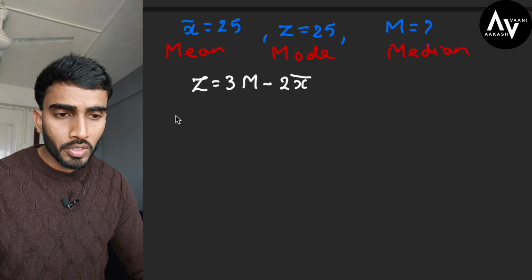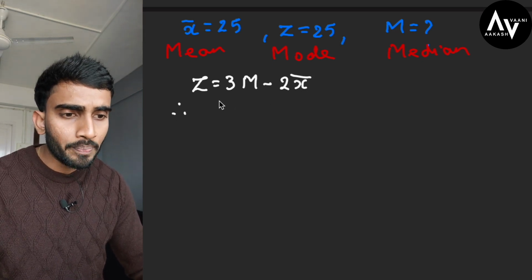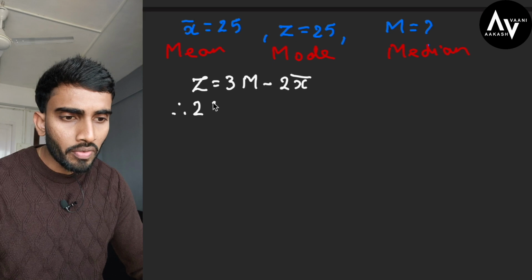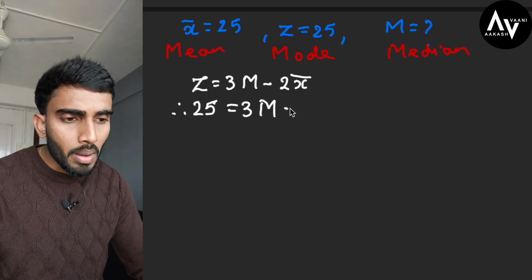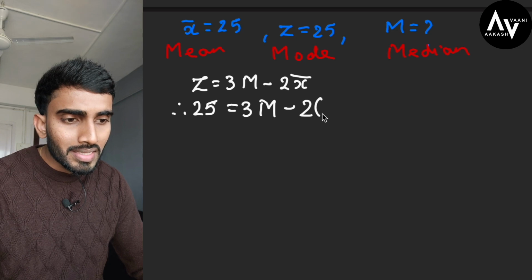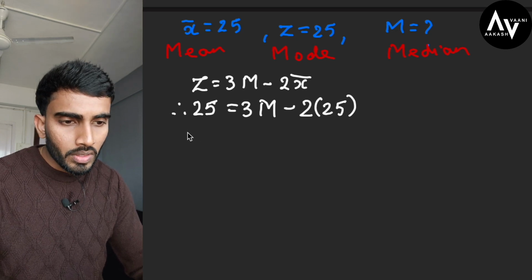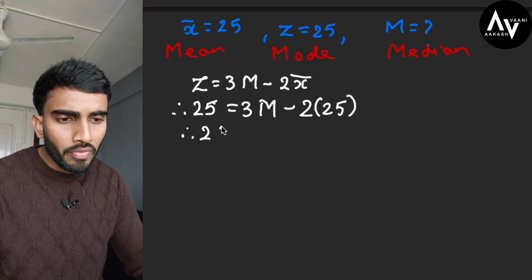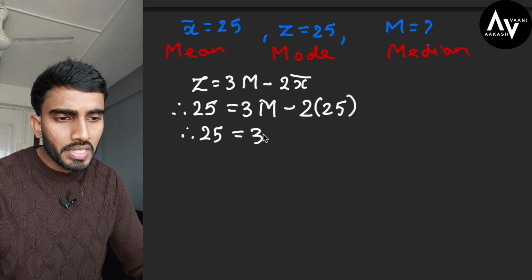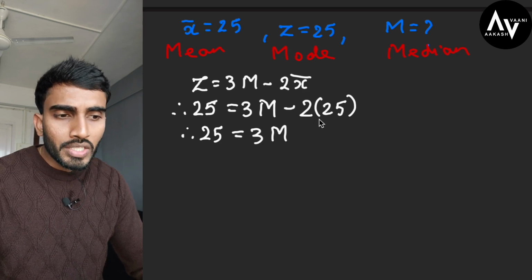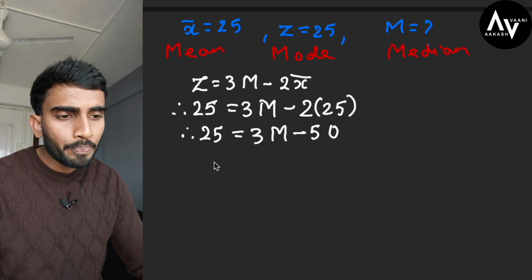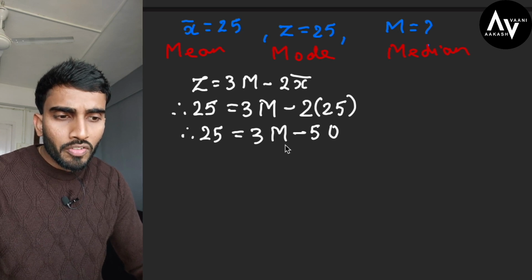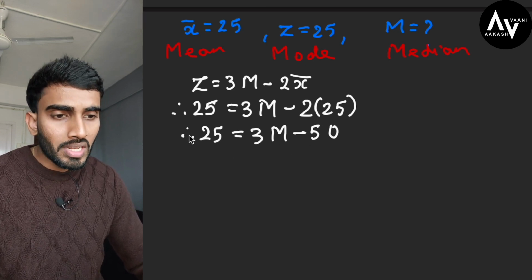Here I will put the values which we have. Z we have 25 is equal to 3m, which we need to find, minus 2 times x bar, which is 25. So we will have 25 is equal to 3 median minus 2 of 25, which gives us 50. In order to find the value of median, I will take the minus 50 to the left hand side.